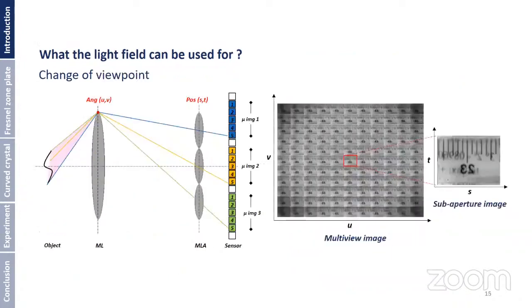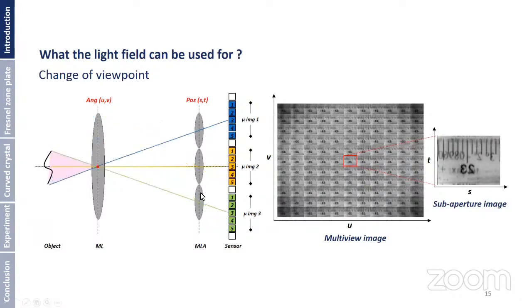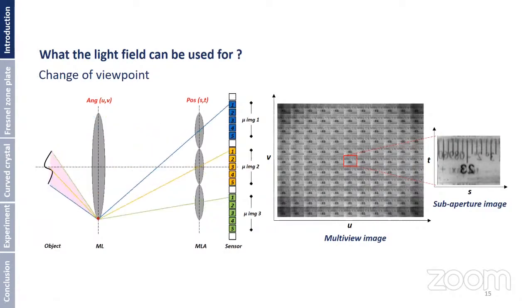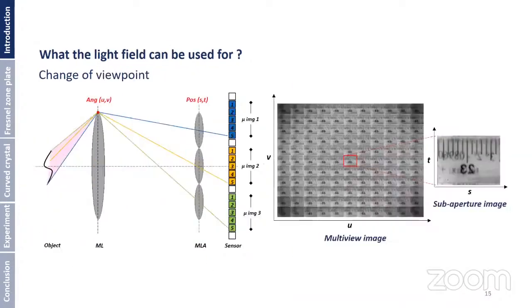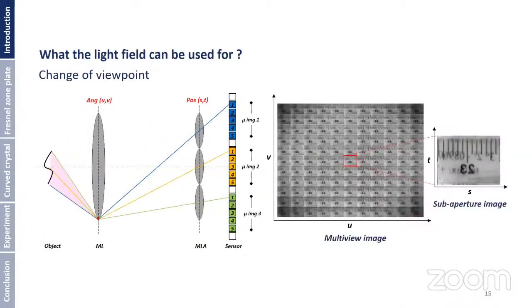On the other hand, the light field data can also be arranged according to its angular coordinates to render a multi-view image. It's like we are imaging the object from different angles.